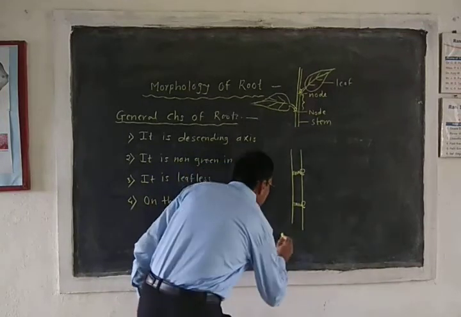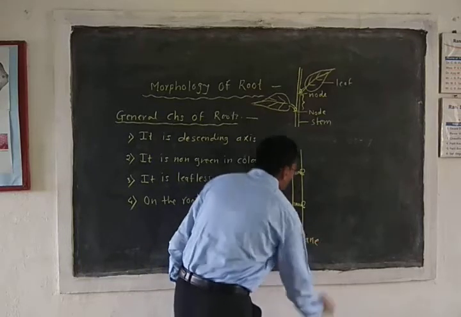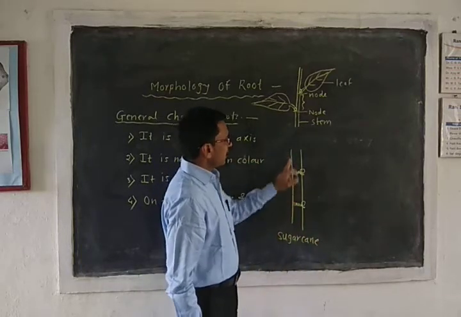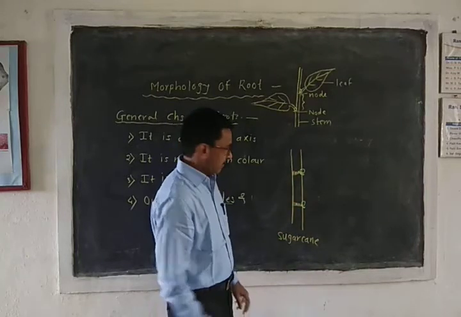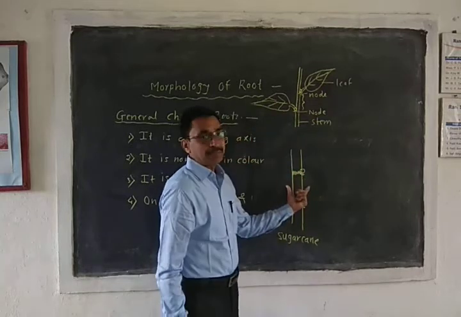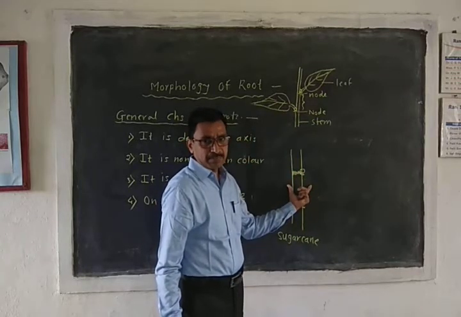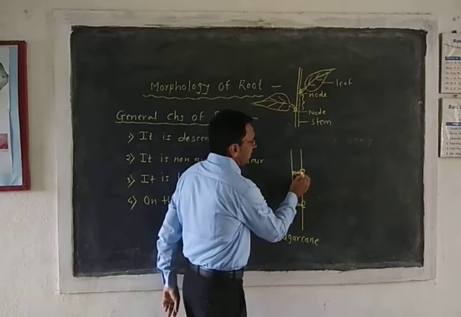This is sugar cane. On the sugar cane, there are such nodes and internodes are absent. Now, sugar cane is a stem. It is a stem, and this is the portion from which buds are arise.